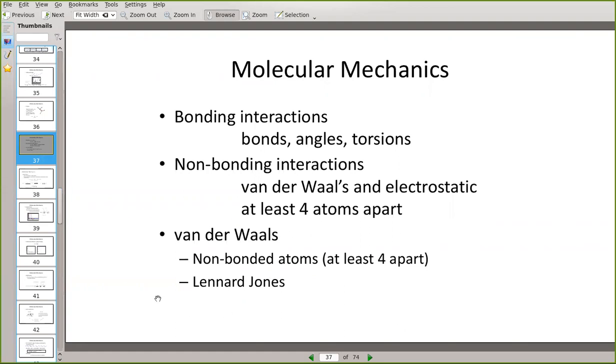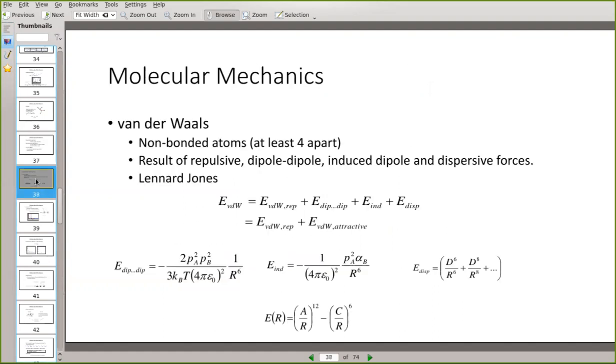And for van der Waals, we use a Lennard-Jones potential. Okay. Now, if you really want to go into van der Waals interactions, I don't want to spend too much time on this. Van der Waals interactions are a mix of many components. So there will be repulsive, there will be dipole interactions, there'll be induced dipole interactions, there'll be dispersive forces.